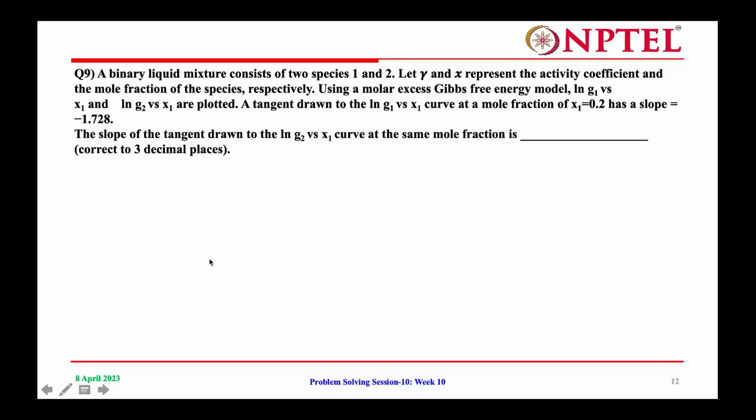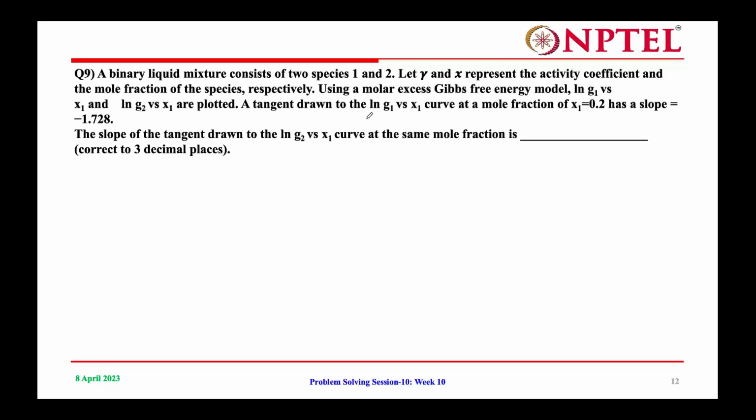A binary liquid mixture consists of 1 and 2. Let gamma and x represent the activity coefficient and the mole fraction of the species respectively. Using a molar excess Gibbs free energy model, ln gamma 1 versus x1 and ln gamma 2 versus x1 are plotted.